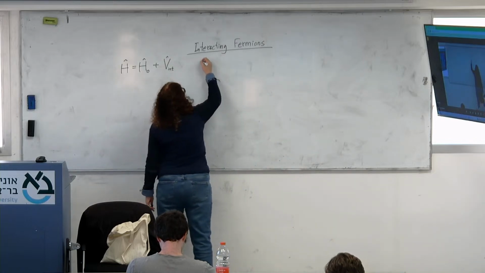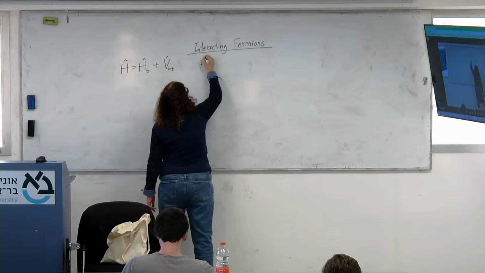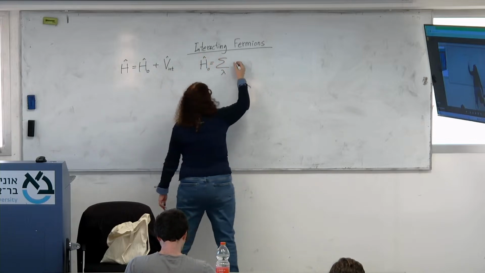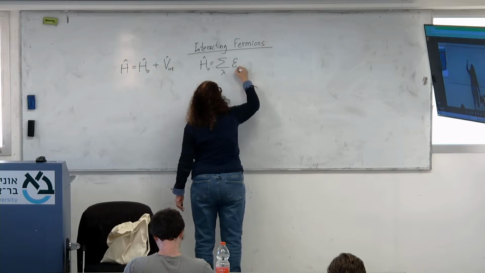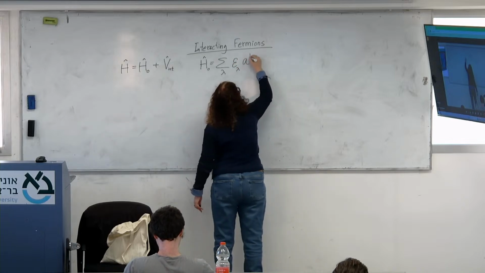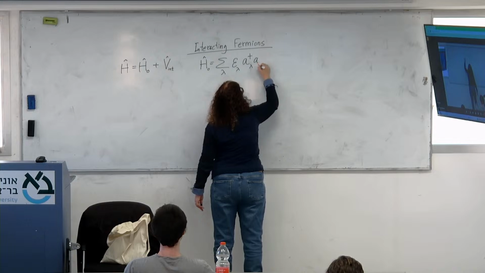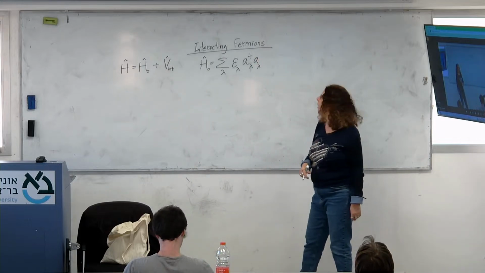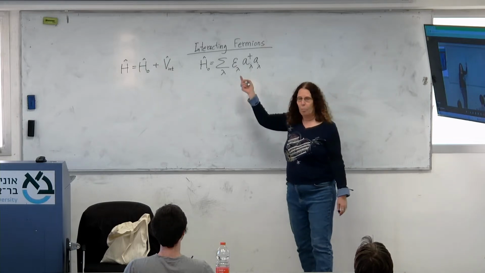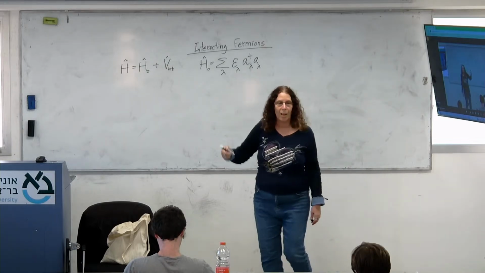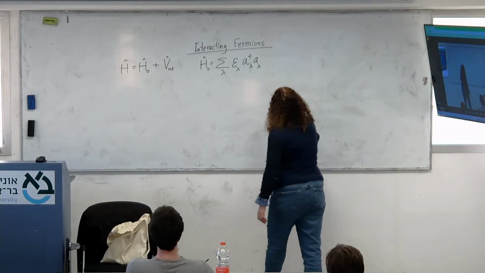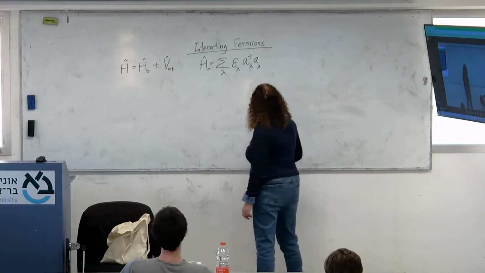So H naught we're going to write as sum over lambda of epsilon lambda A dagger lambda A lambda, where lambda is some quantum number. And this contains momentum, spin, lattice height. We'll see a few examples later, but basically this is a general notation.